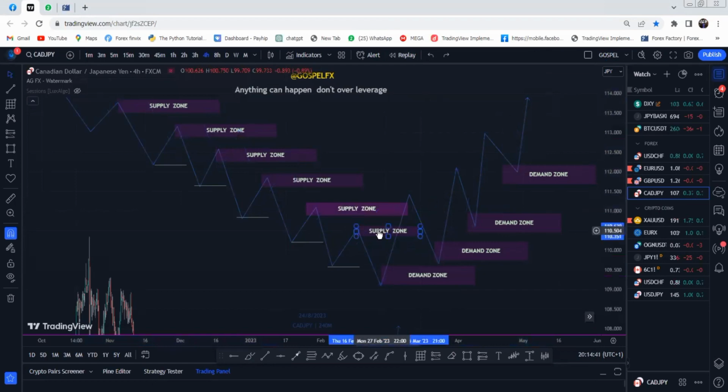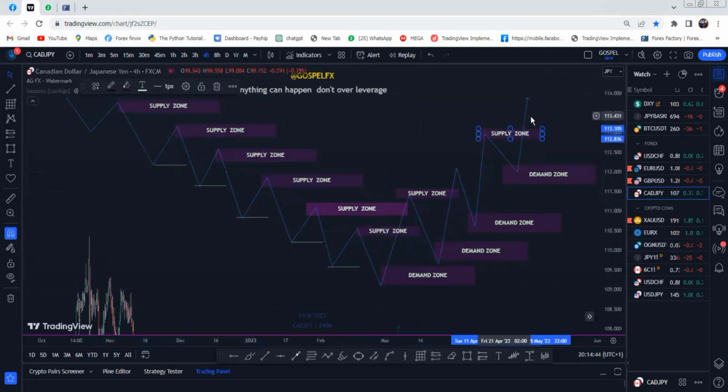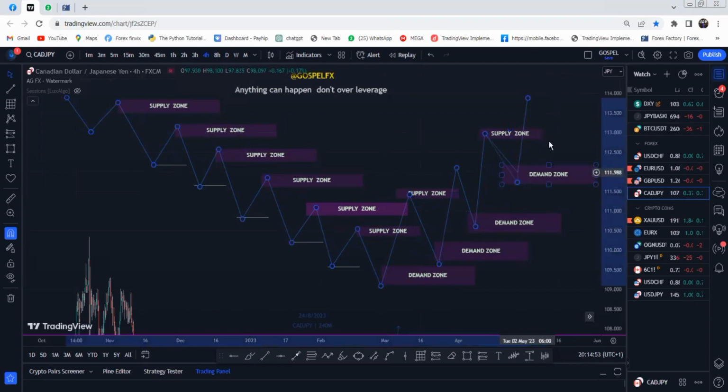Okay, now remember I said this is actually a supply zone. But why is price breaking out of the supply zone? This is because first and foremost, we are in an uptrend. As we are in an uptrend, the demand is more than the supply.